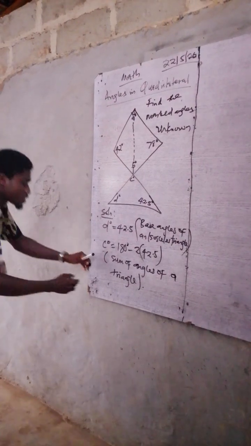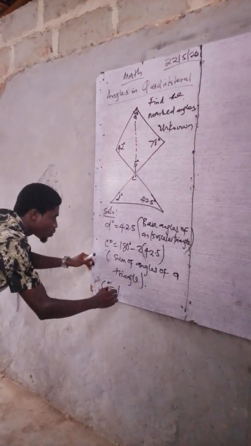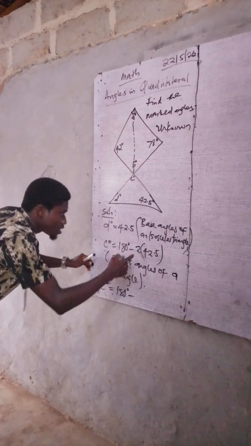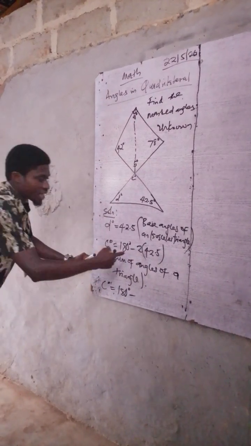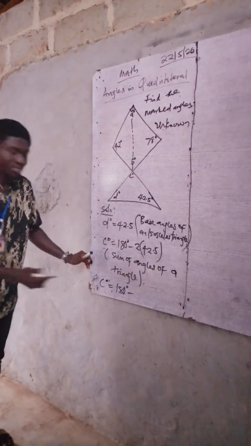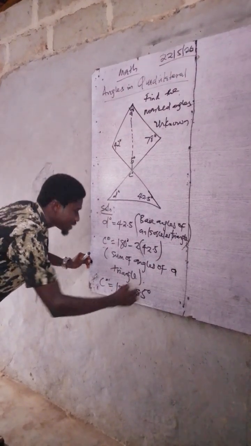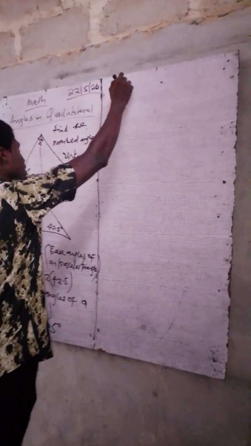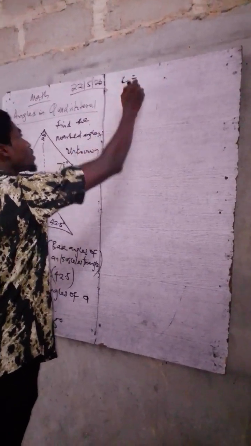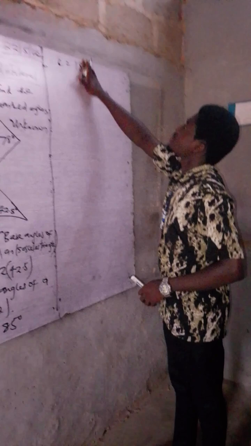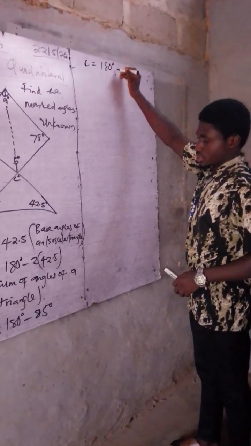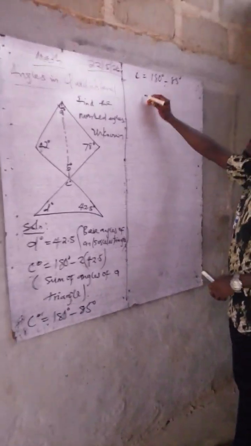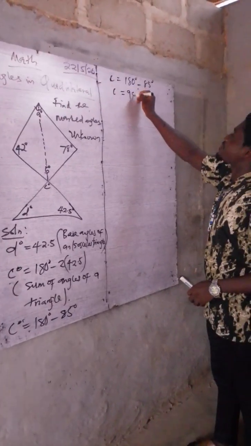So for C degrees, we have 180 degrees minus 2 times 42.5, which gives us 85 degrees. So C is equal to 180 degrees minus 85 degrees, going to give us 95 degrees.